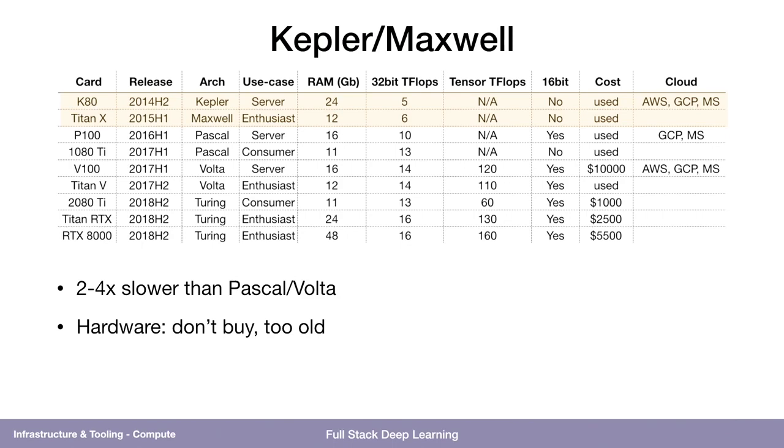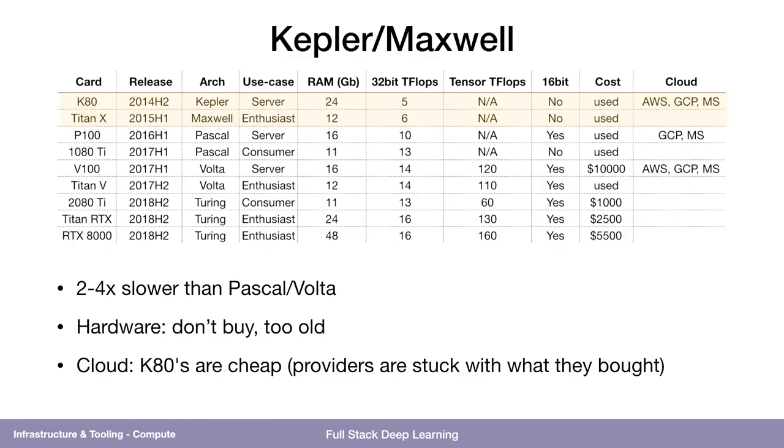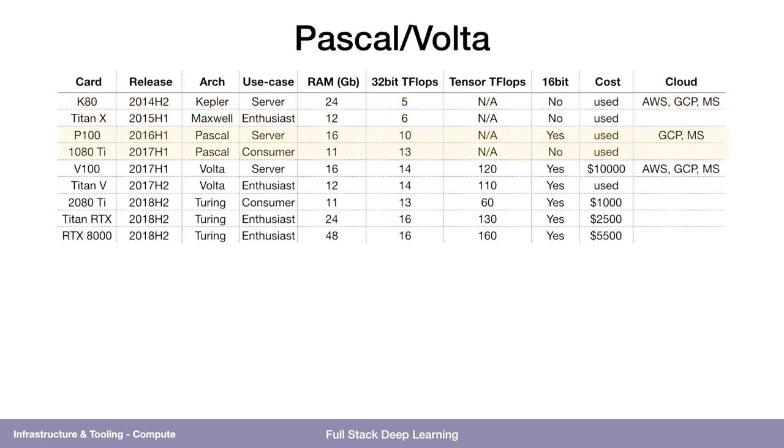And so if you are building or buying your own machines, you should not buy these cards. But in the cloud, you might end up using them anyway because they are the cheapest options. And the reason they're cheap is because you buy these things at scale and then you're stuck with them for years. And that's what we use in lab, for example.